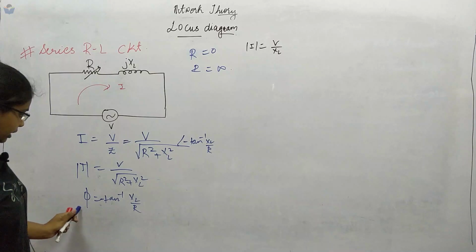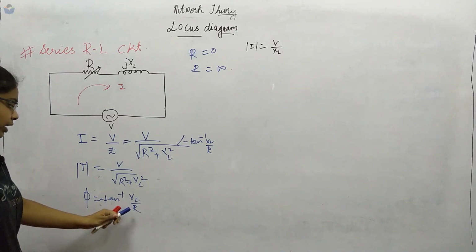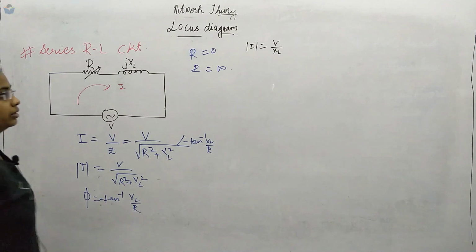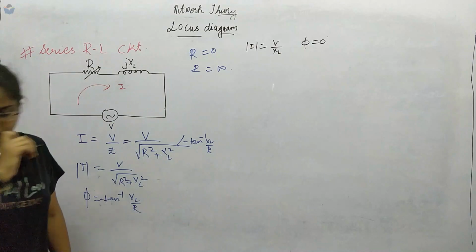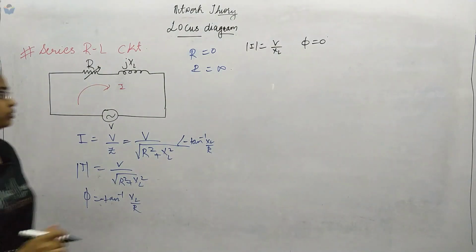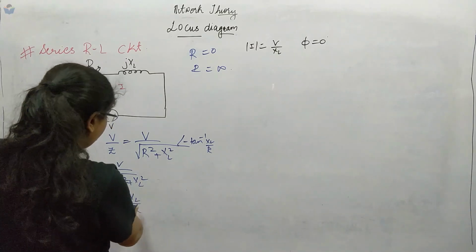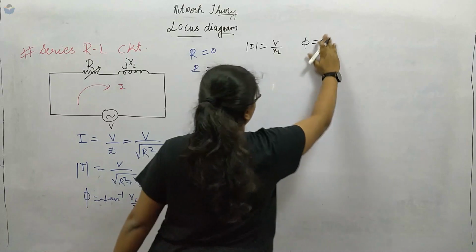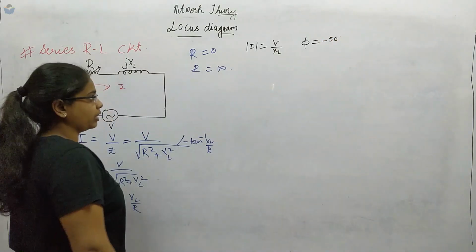And what about the phase? XL by 0 is infinite, so the angle is minus tan inverse of infinite, which is minus 90 degrees.